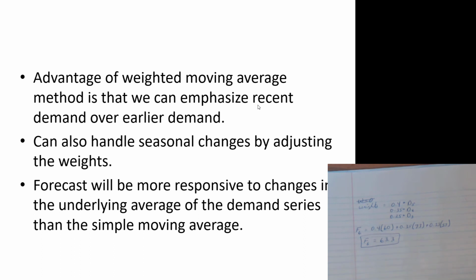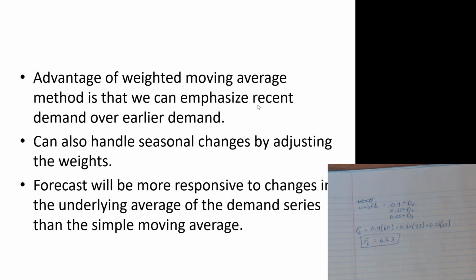So one thing that's really nice about the weighted moving average is that we can emphasize certain demands. Perhaps we understand that the more recent period has a bigger or disproportionate impact on what demand will be than, let's say, some demand from 2 or 3 or 4 periods ago. We can make that adjustment by just adjusting the weights. We can also make seasonal adjustments as well.